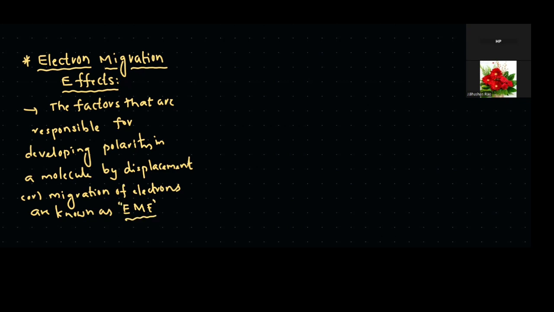These electron migration effects are also called electron displacement effect. Both are the same. Electron displacement effect or electron migration effect, all are the same. These electron migration effects are classified into two categories.